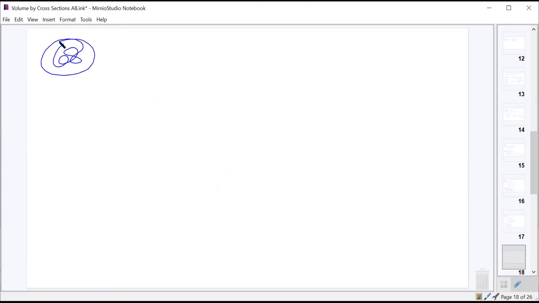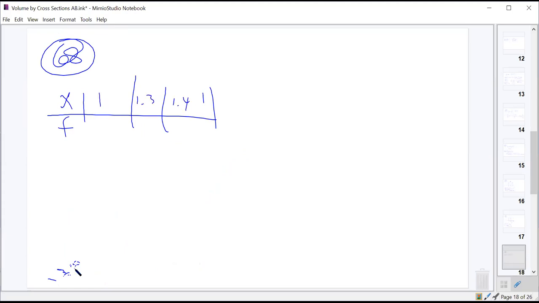68 says they give us a function here, and then they want us to estimate the derivative of it, right? So they give us this nice little chart here, where they give us x and f of x, and we have x values 1, 1.3, 1.4, and 1.6, and f of x values 8, 10, 14, and 22.